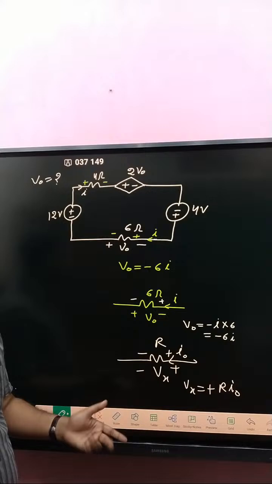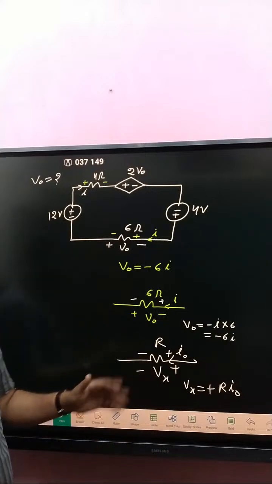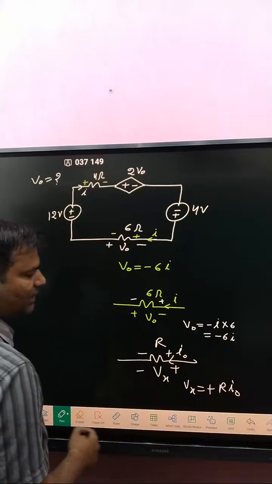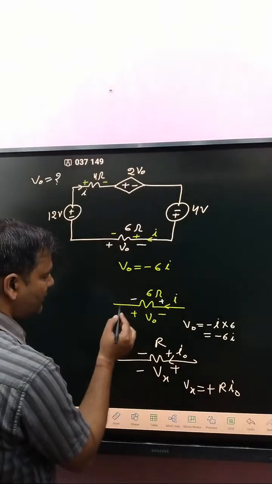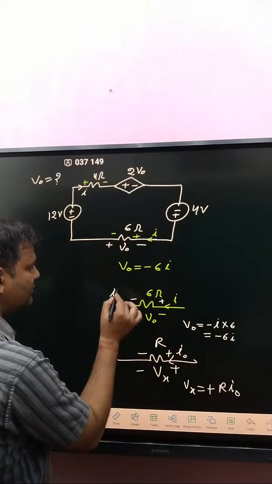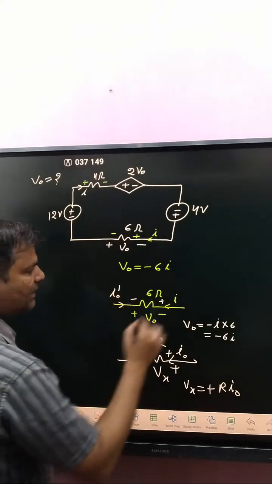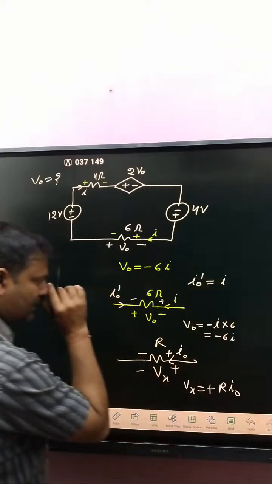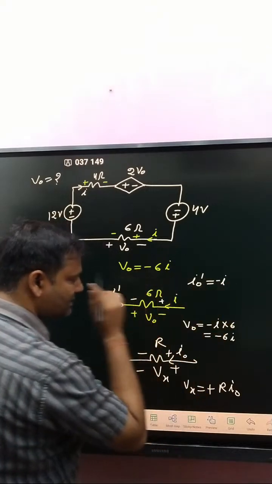How can I define it another way? If anyone feels confusion, then how can you do it? Take here I0 dash. What is the relation between I0 dash and I? Both are opposite, so minus.